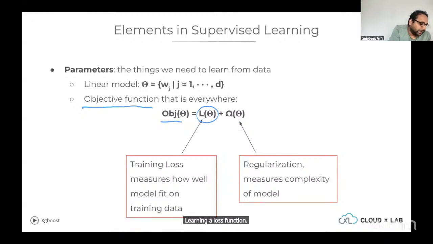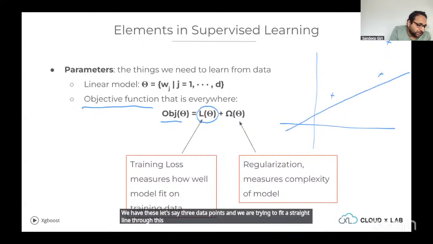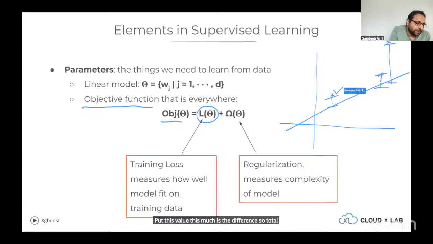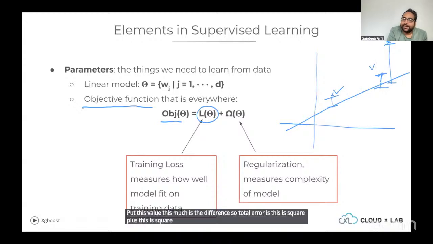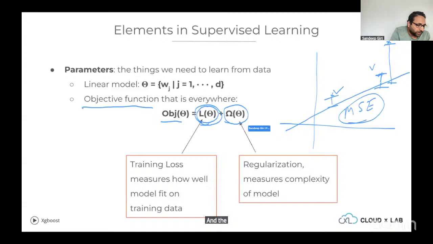When we have data, say three data points, and we try to fit a straight line through them, for each value there is the actual value and some difference. The total error is this squared plus this squared plus this squared. That error is called the loss function, for example mean squared error. The second one is called regularization.